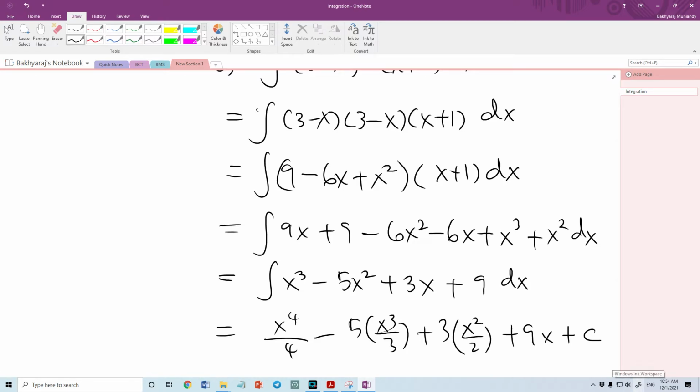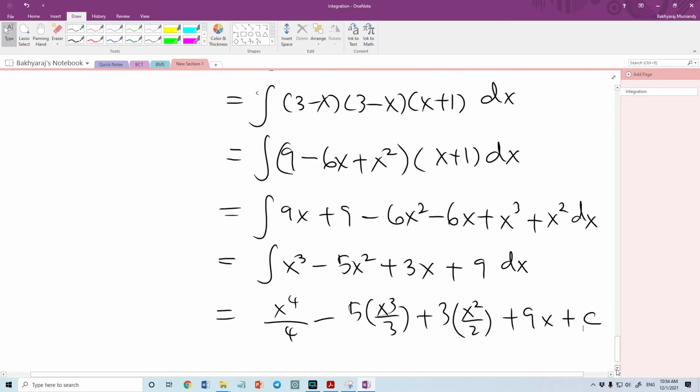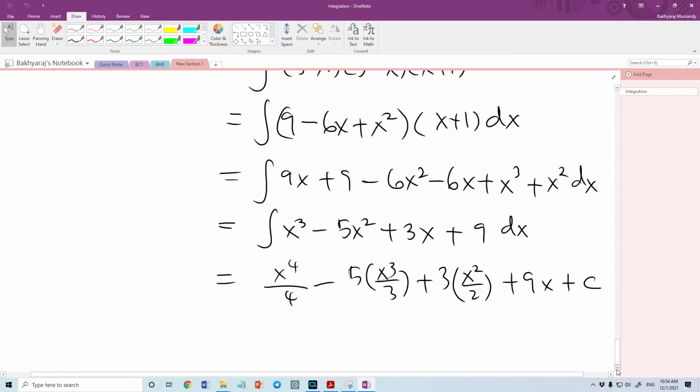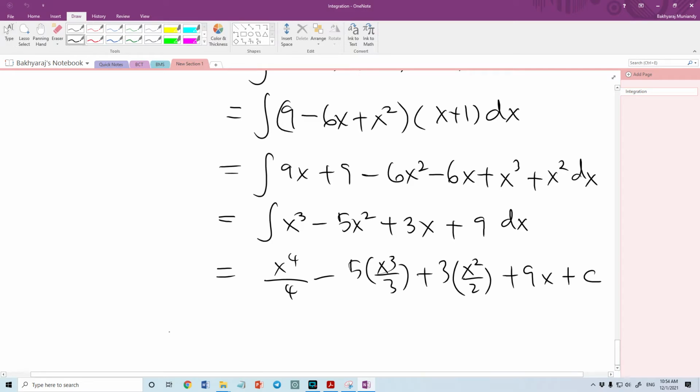You see, nicely it becomes this function. So the next part will be equal to 1 over 4 x to the power of 4 minus 5 over 3 x to the power of 3 plus 3 over 2 x to the power of 2 plus 9x plus c.